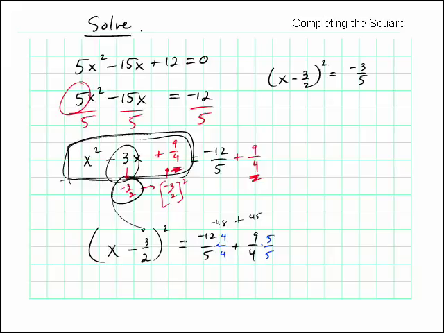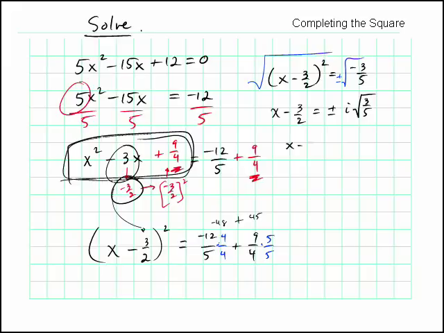Okay, I've completed the square. I can now solve this equation by taking the square root of both sides. Don't forget the plus or minus sign. On the left we have x minus 3/2. And on the right side we've got plus or minus the square root of negative 3/5, which is i square root of positive 3/5, an imaginary number.